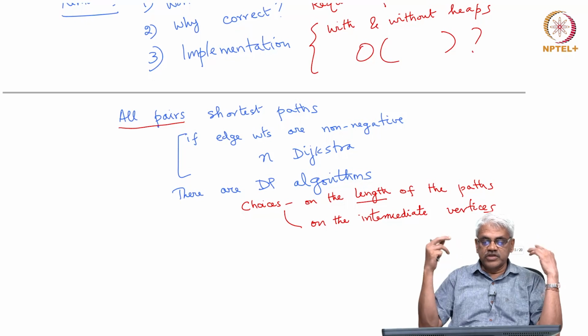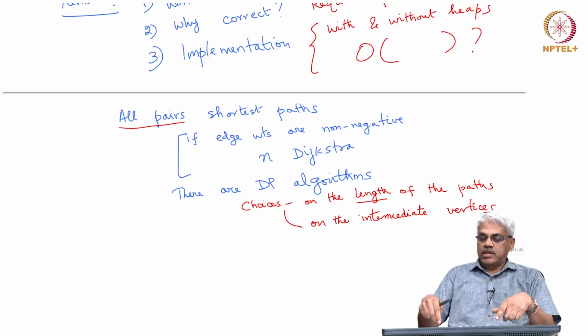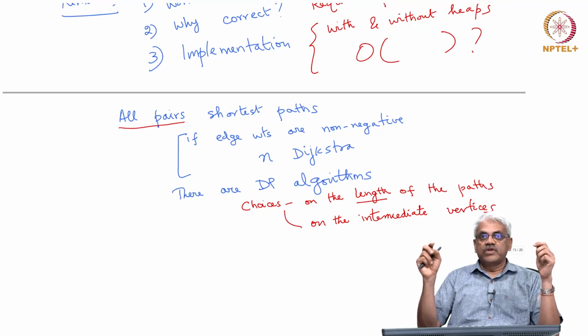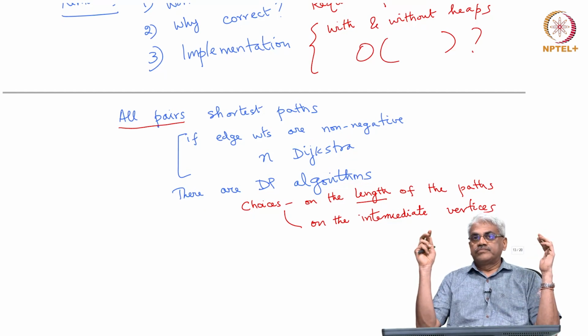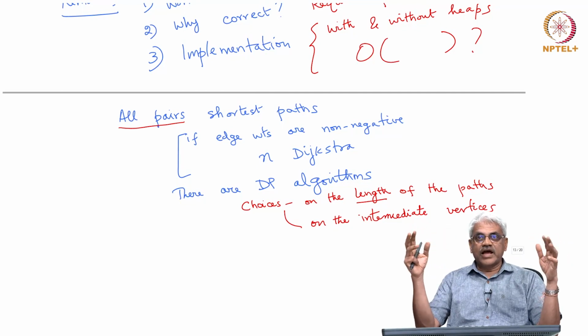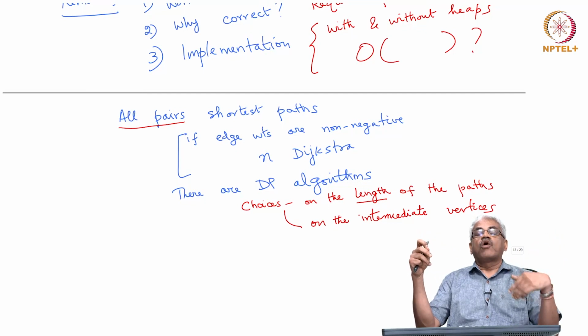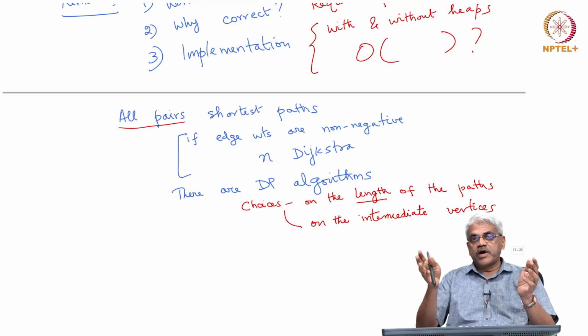Okay, so now since all of you have done dynamic programming, this is a good example to try how you would do a dynamic programming algorithm for all pair shortest paths. Please check the books and verify the running time and see how it is better than maybe running your shortest path from every source.